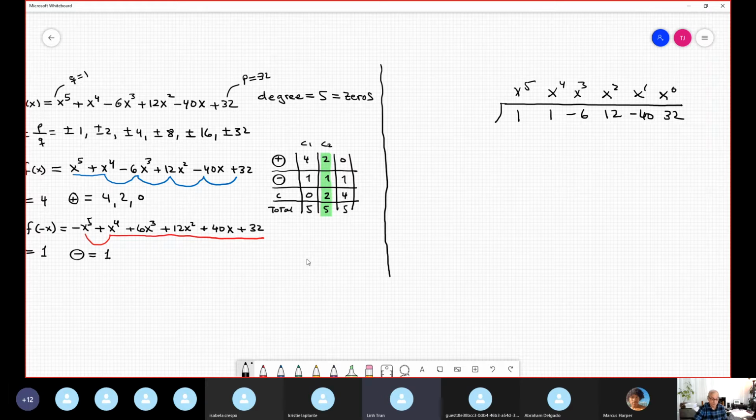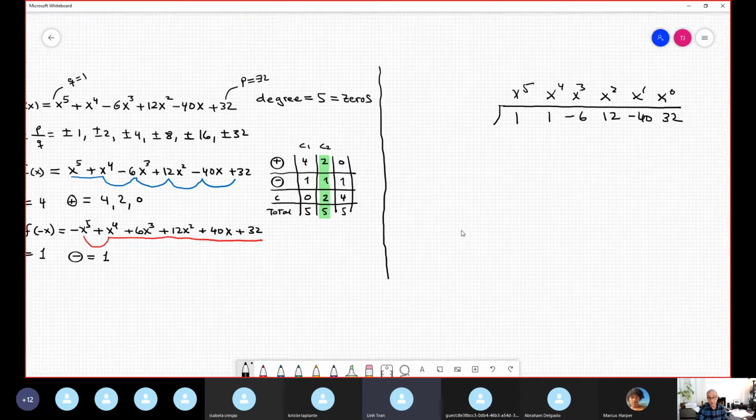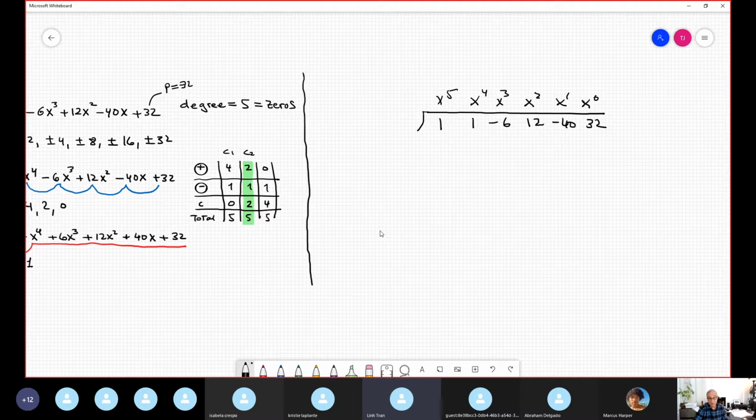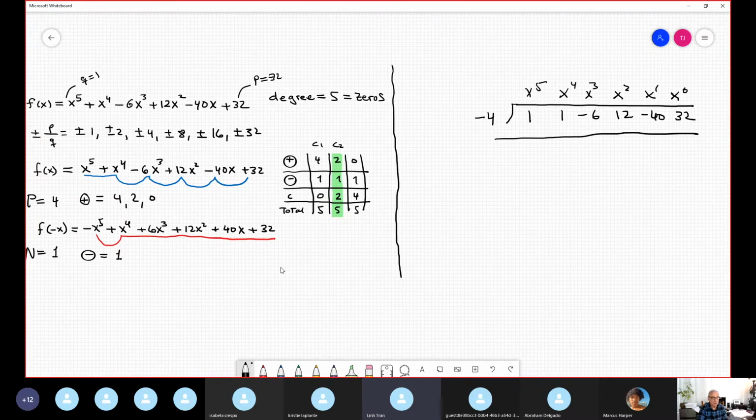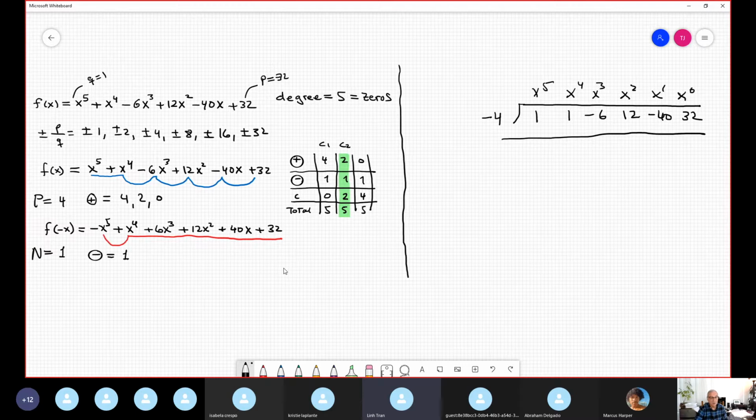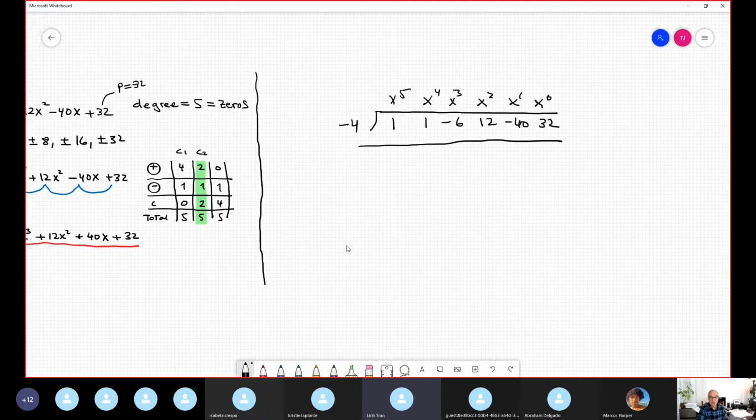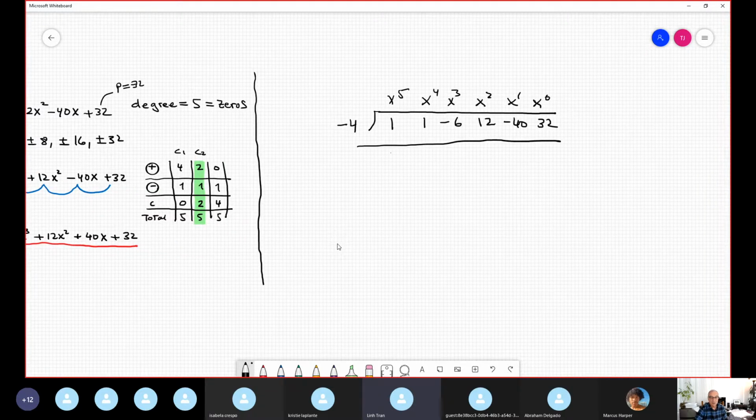And you try. Remember, I did before, I know what factors get worse. I don't want to waste the time with the factor that doesn't work. I try negative 4. Negative 4 belongs to the list, no? Let me see, you check it out. Oh yeah, negative 4 is here. Look at that, negative 4 belongs to the list. Bring down 1. Multiplication is negative 4.